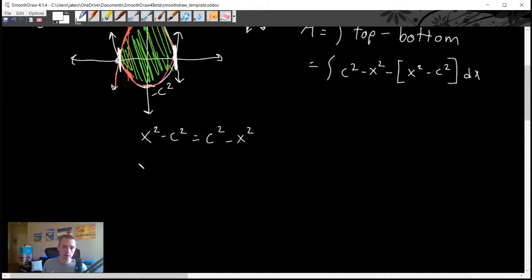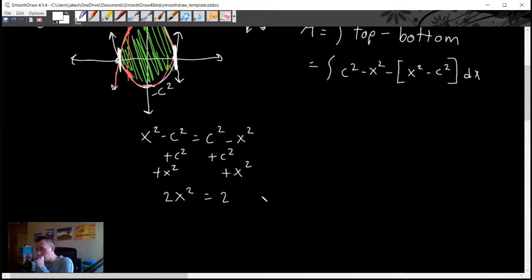So let's move all of our x's onto one side, all the c's over to the other side. We'll add c squared to both sides. We'll add x squared to both sides. So we get x squared plus x squared is 2x squared. c squared plus c squared is 2c squared.